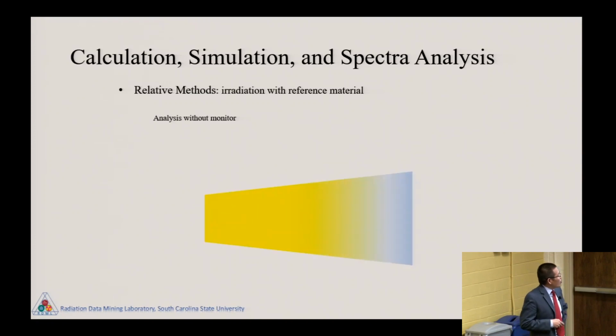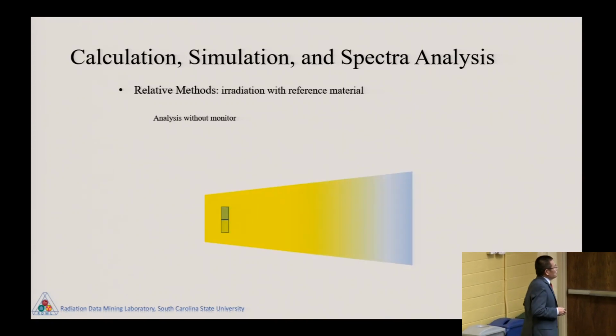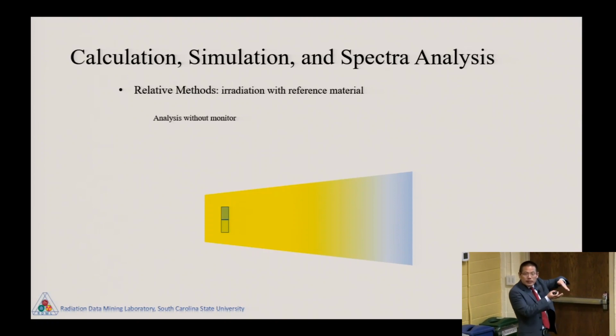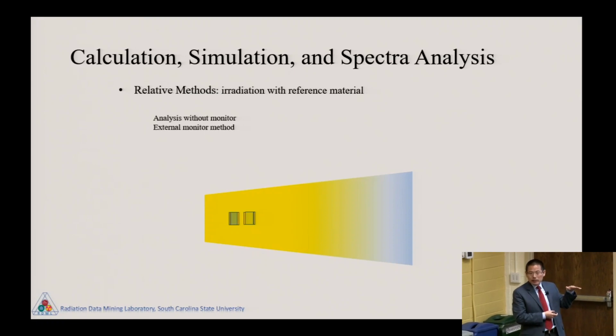We have several ways to deal with it. For example, this is the sample, this is the reference. I can put them symmetrically in the beam and assume that their ratio is 1:1. Or we can put something before and after, like nickel foils, and then take a mathematical mean, averaging them as the flux in the sample.